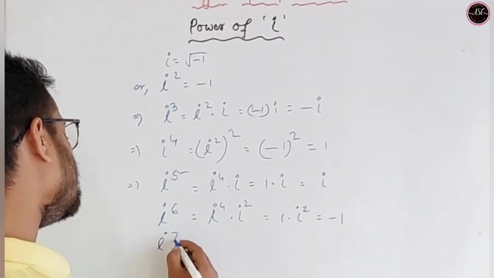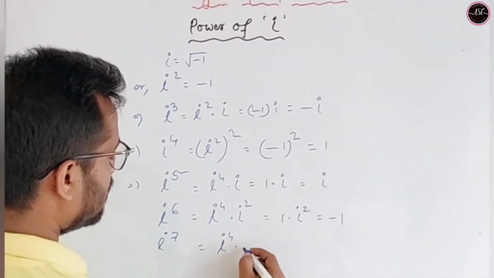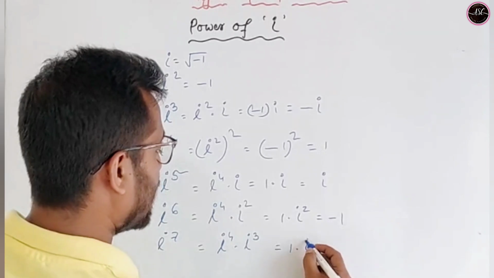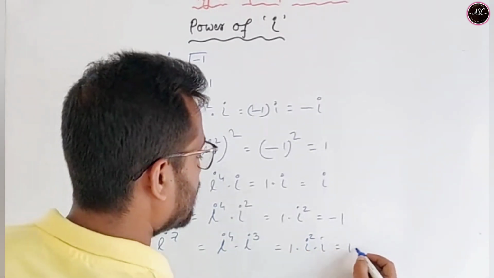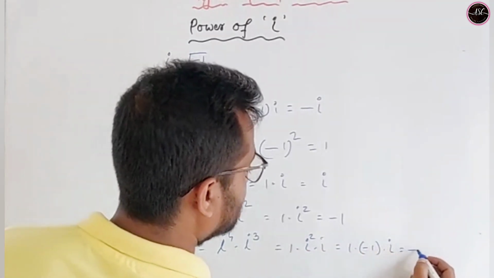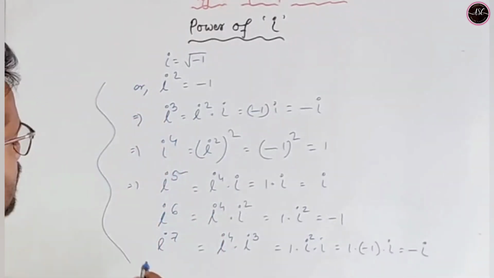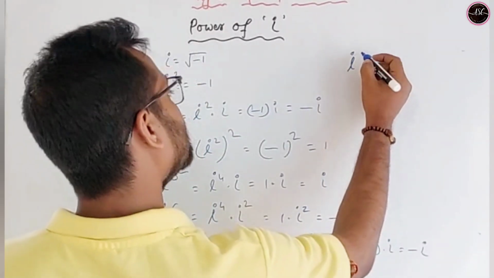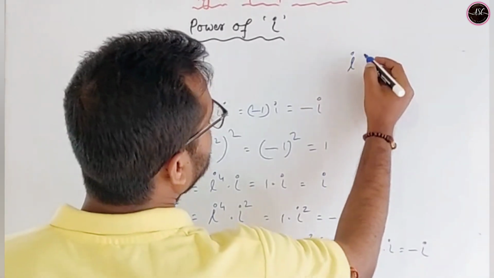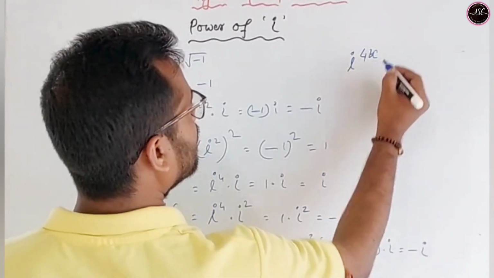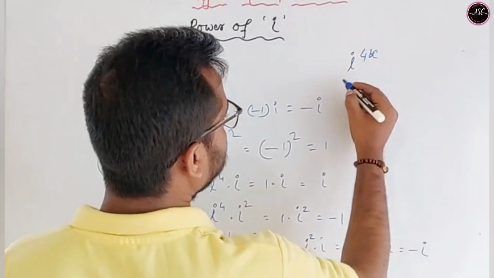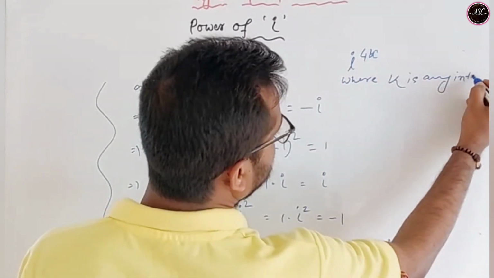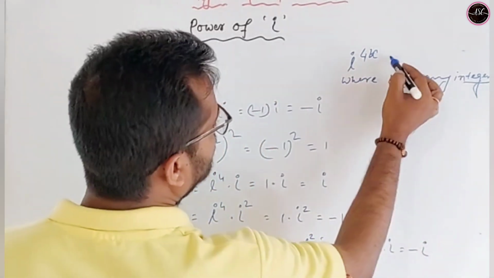And I to the power 7 equal to I to the power 4 dot I cube, I to the power 4 equal to 1, and I cube equal to I square dot I, that means minus 1 dot I, that means minus I. So from this we can write a theorem. If there exists I to the power 4k, where k is any integer, then I to the power 4k equal to 1.